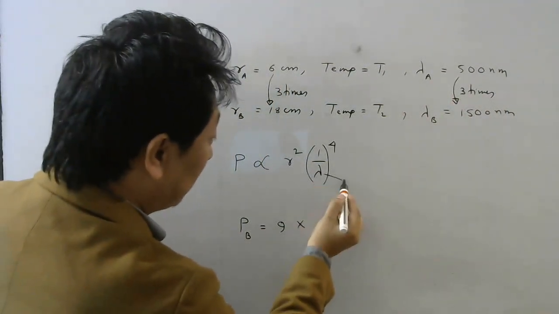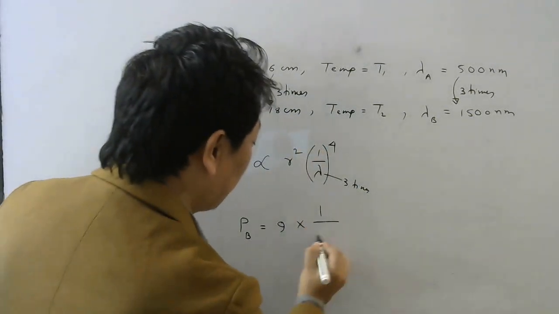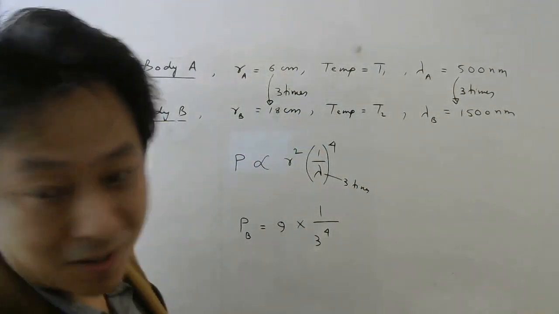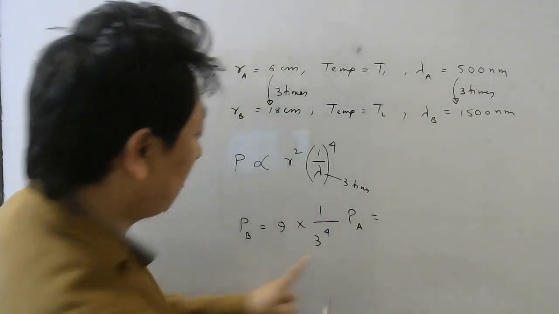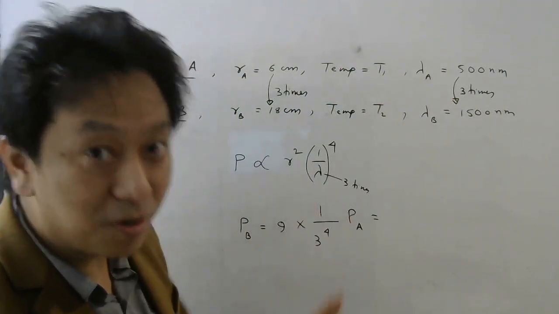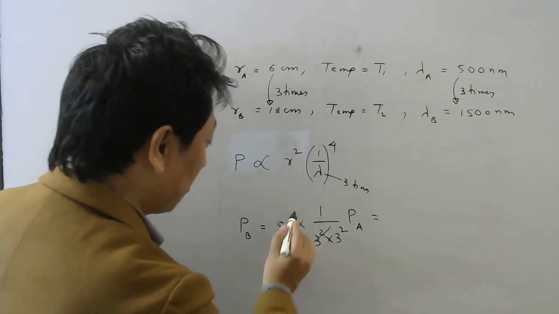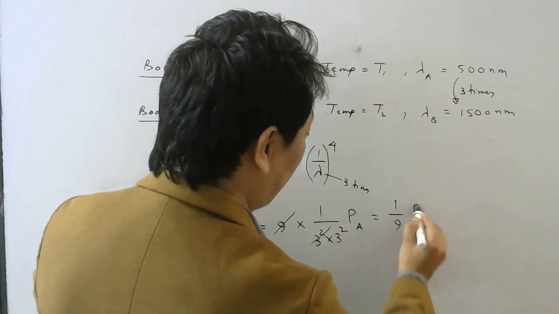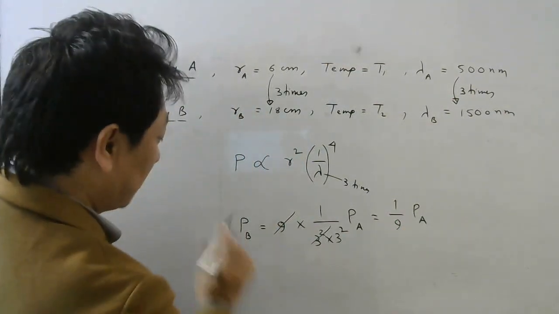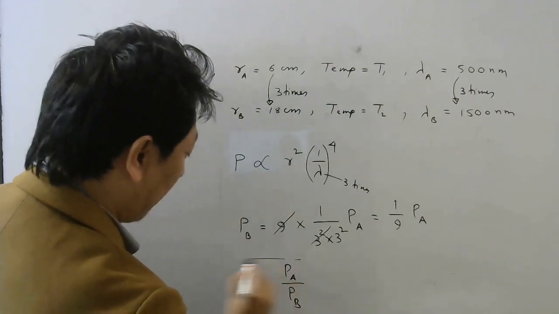So now if wavelength increases 3 times, 1 by wavelength power 4 will become 1 by 3 power 4 times. So the power of B will be this many times power of A. And 3 power 4 is 3 power 2 into 3 power 2, right? 3 power 2 and 9 can be cancelled. So this will be 1 by 9 times power of A. So if you cross multiply this 9 here, you will get power of A divided by power of B as 9. Right? Let's see the next question.